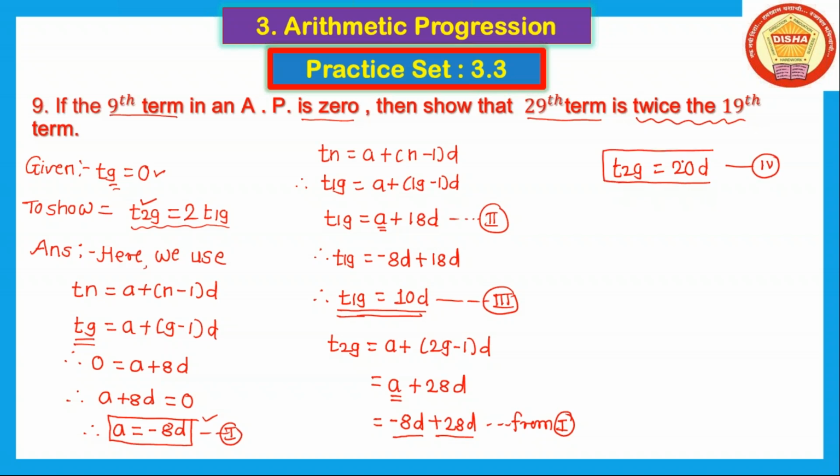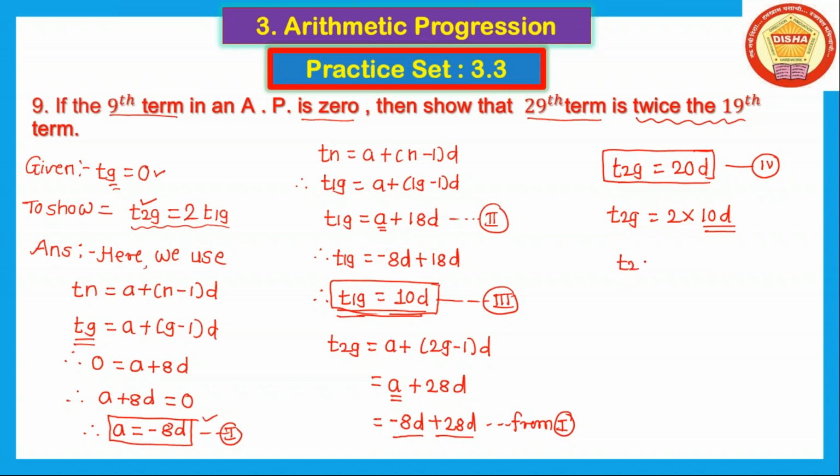Then we see equation number 4 and equation number 3. We will get the relation. T19 is 10d and T29 is 20d. Then we write this T29 is equal to 2 into 10d. See this 10d, the value of 10d is given in equation 3. What is that? It is equal to T19.